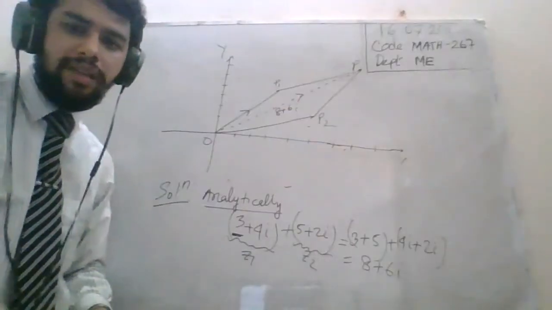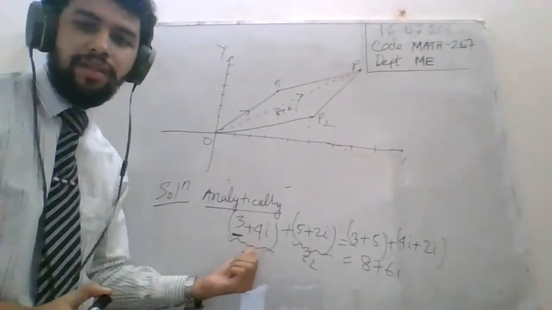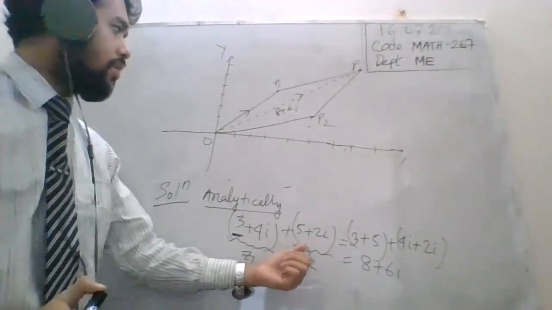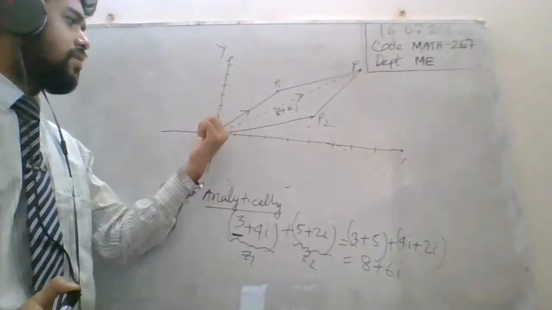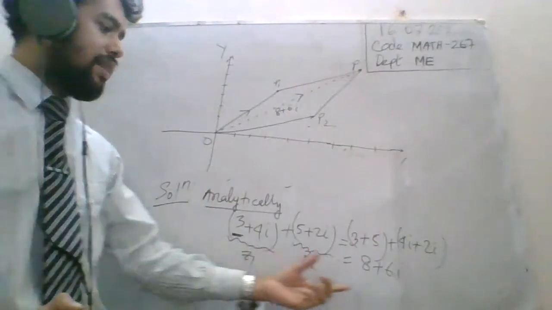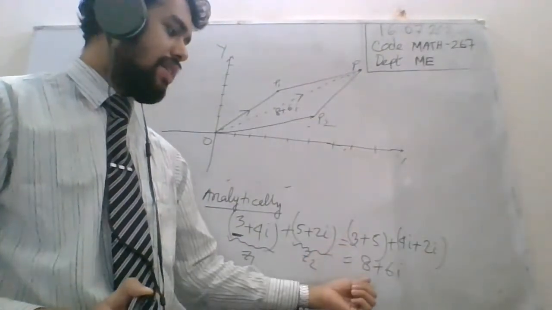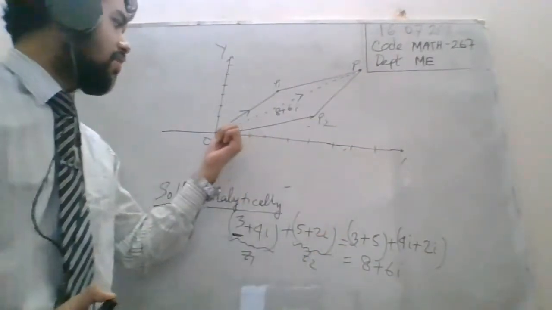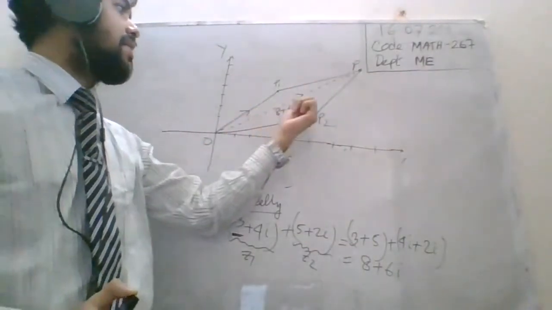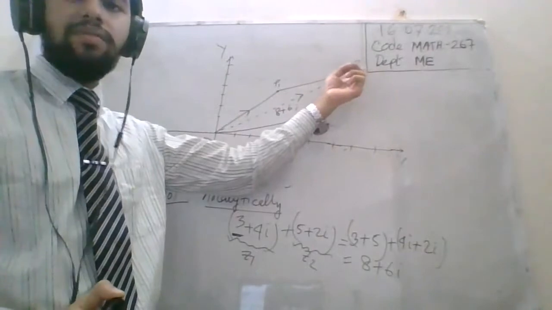And again take 5 plus 2i, from here you get the point p2. And then the last, our result, which is z equal to 8 plus 6i. You can also show this figure by this point p.